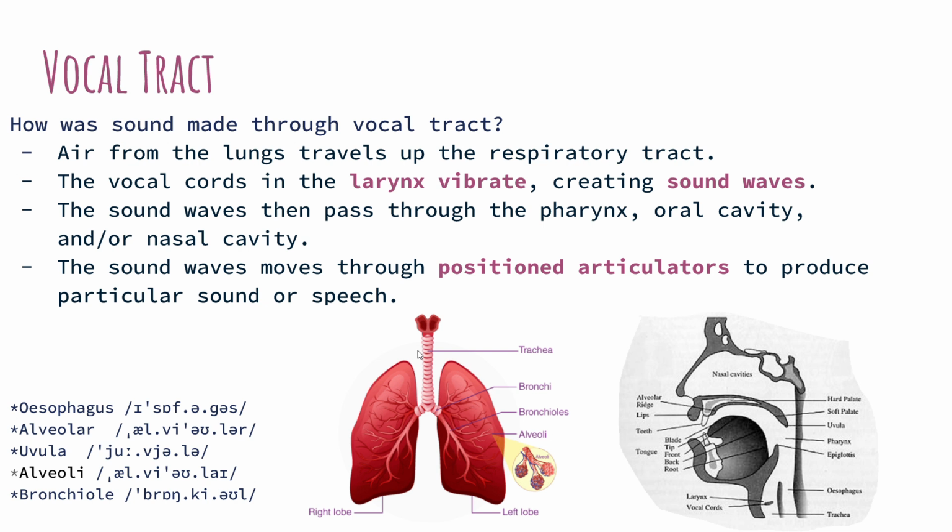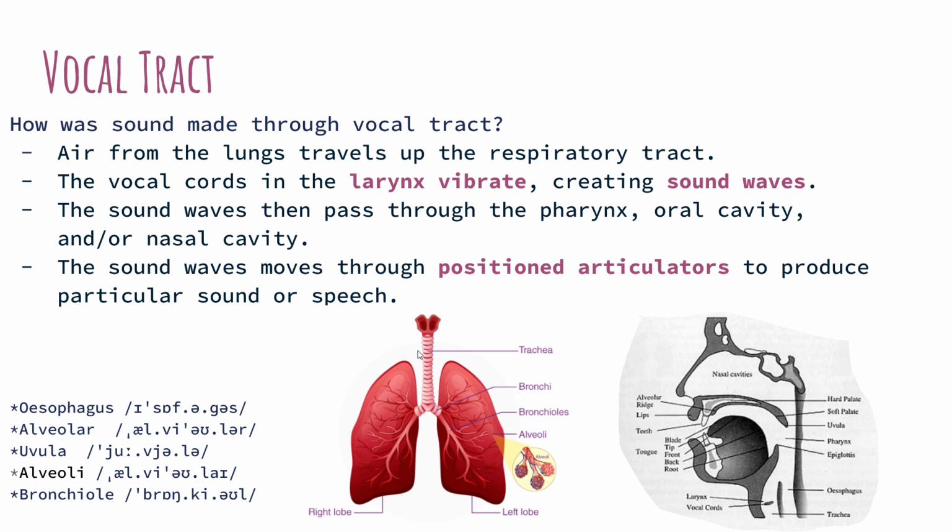By looking at those two pictures, we can see that the airflow starts from the alveoli, which look like clusters of little bubbles, where the oxygen and carbon dioxide are exchanged.